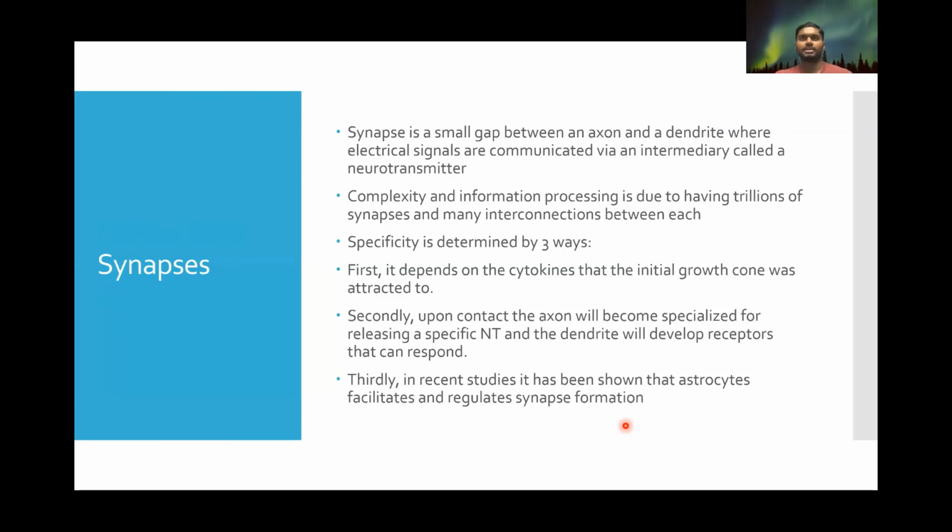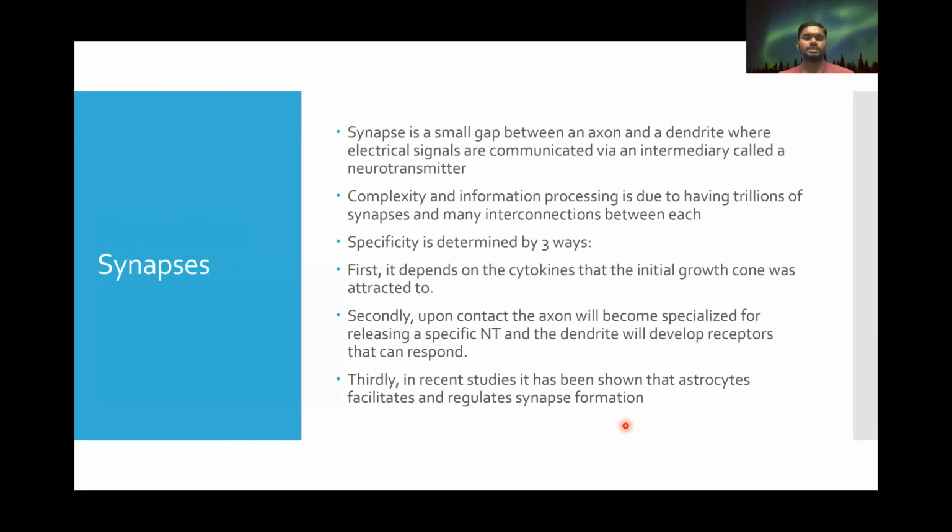This membrane depolarization will then go towards the presynaptic terminal, which will release something called neurotransmitters, the chemical, right? So this neurotransmitter will then go across the synaptic cleft and bind to the receptors on the postsynaptic membrane, or the dendrite, which will then cause, depending on if it's excitatory or inhibitory, depending on the neurotransmitter, an electrical difference in the dendrite, which will cause it to move via saltatory conduction towards the soma.